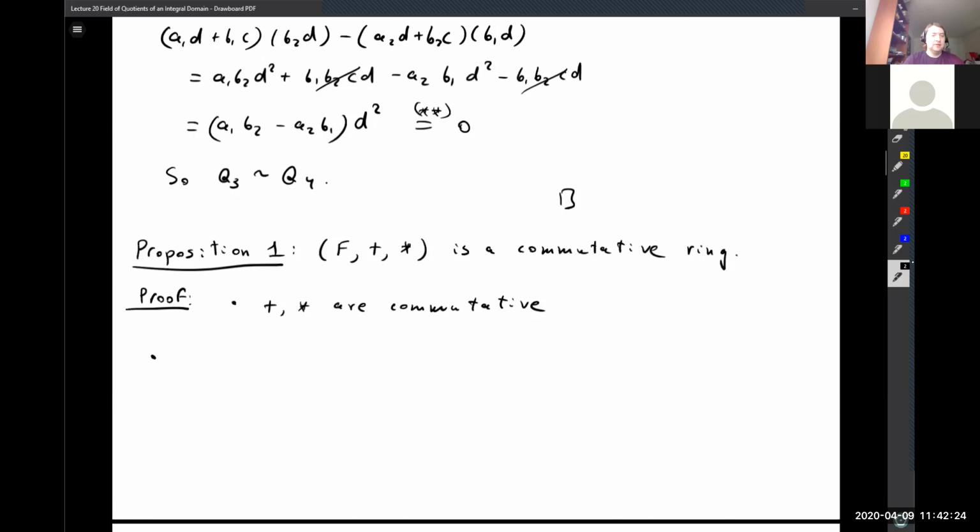Now, the thing we really need to prove is that they are associative, and the distributive law holds.